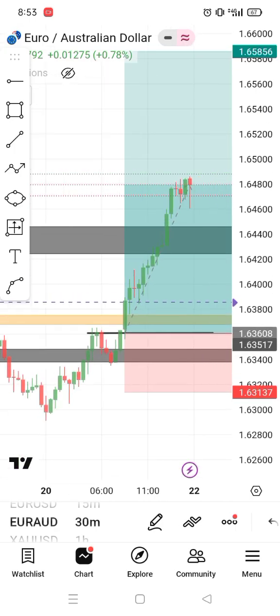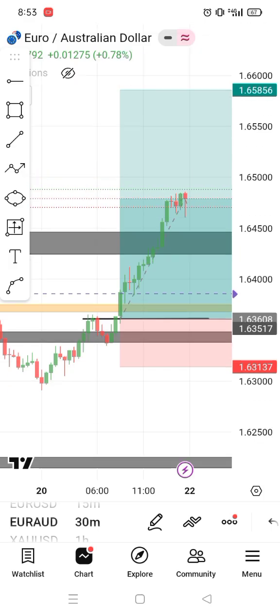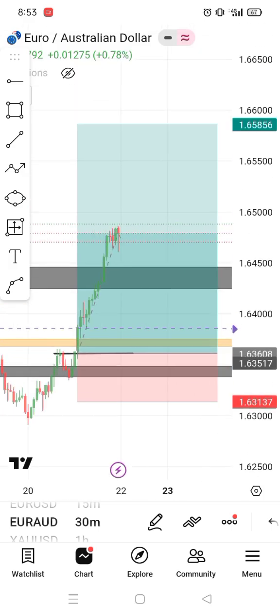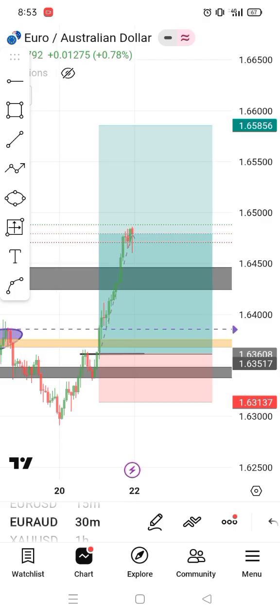But I still put an entry, the imaginary entry, in TradingView. So I'm going to put the proof. So here it is.